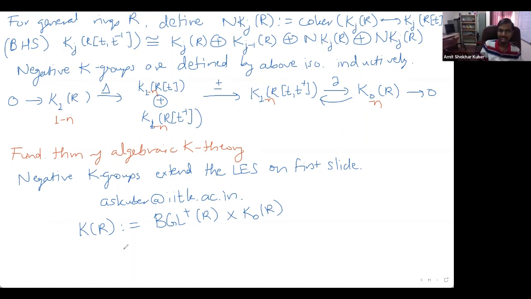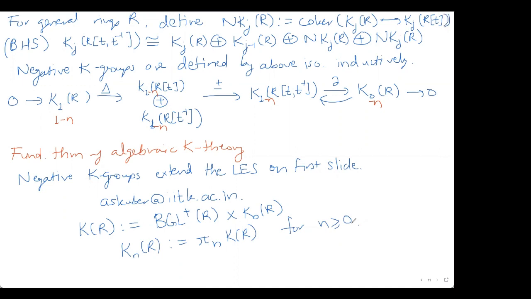Then Kn of R was defined to be pi n of this K theory space for n bigger or equal to 1. And it agreed with the cases 0, 1, and 2.